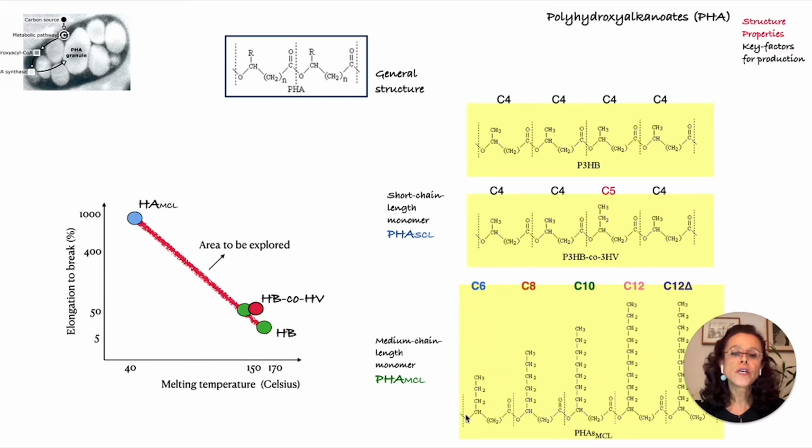And if you insert medium chain length monomers into the polymer, you have the medium chain PHAs, which are much more elastomeric, and they can elongate up to 1,000%. Interestingly, bacteria either accumulate short or medium chain length. Combining different medium and short chain lengths is very difficult, and is a very promising area to be explored.